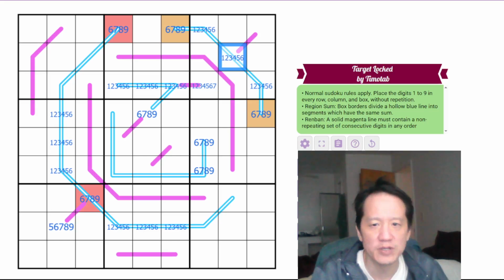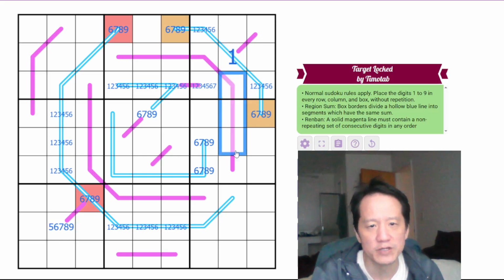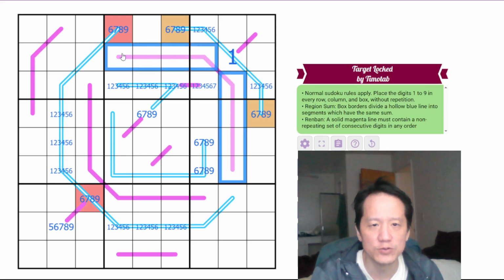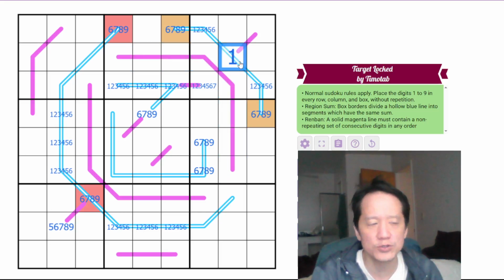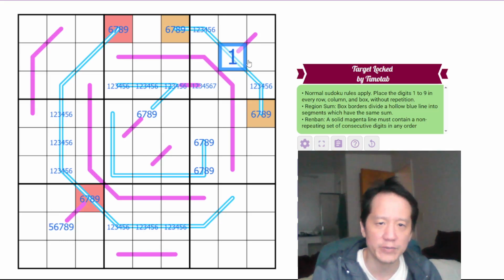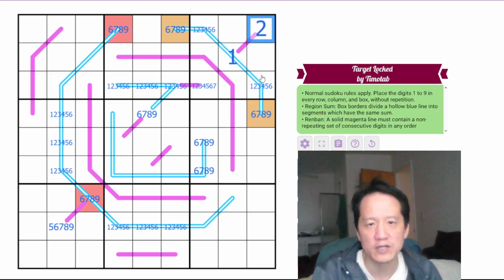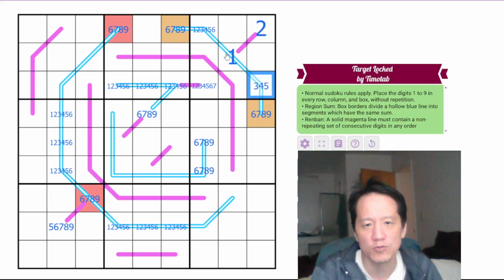It has to be a 1. So this is 1, because it will see all of 2 through 8 here, right? It sees all 8 digits on this Renban, so 2 through 6 are eliminated. This 1 is only consecutive with 2, so this cannot be 2. This is either 1, 3 or 1, 3, 4, or 1, 3, 5, and it must add up to 8 or 9.